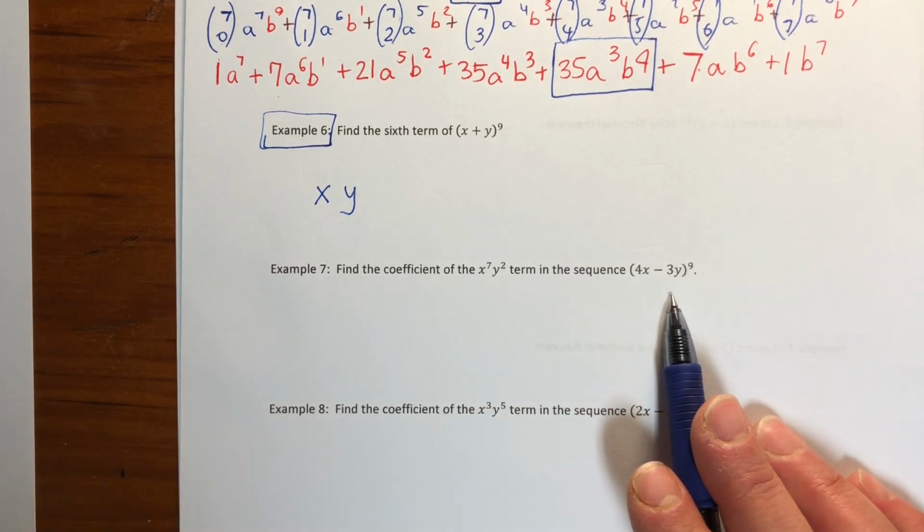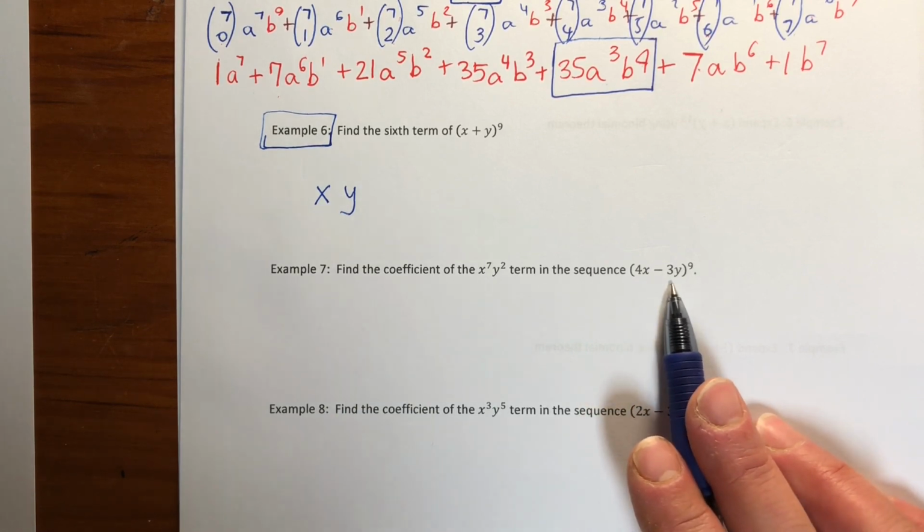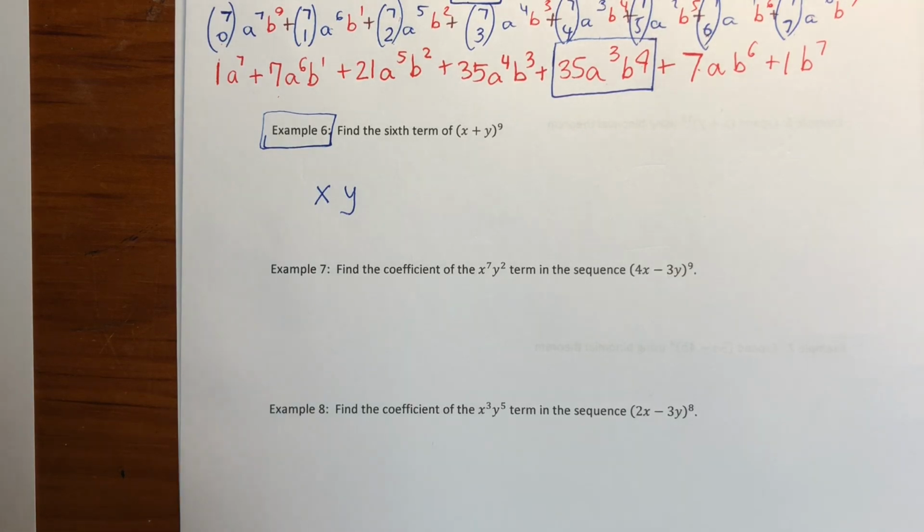Notice that this is going to be a little bit more difficult because we have the 4x and then 3y. So how is this going to affect our coefficient?